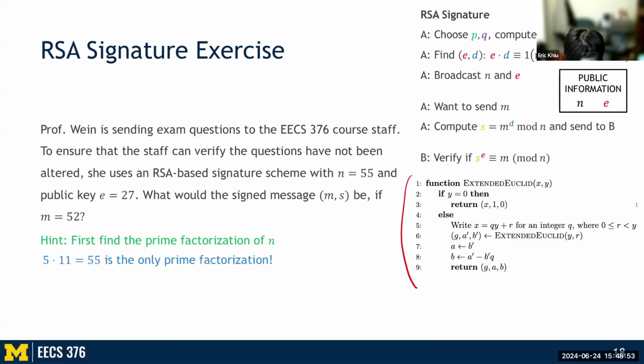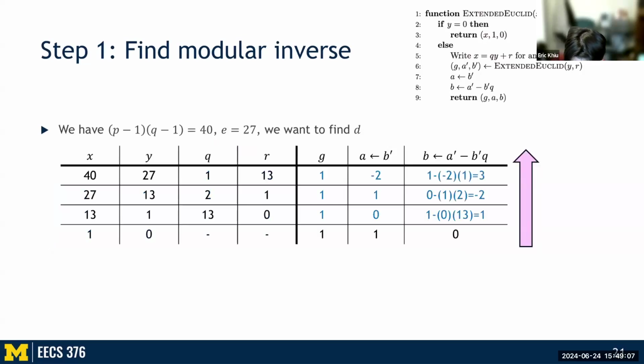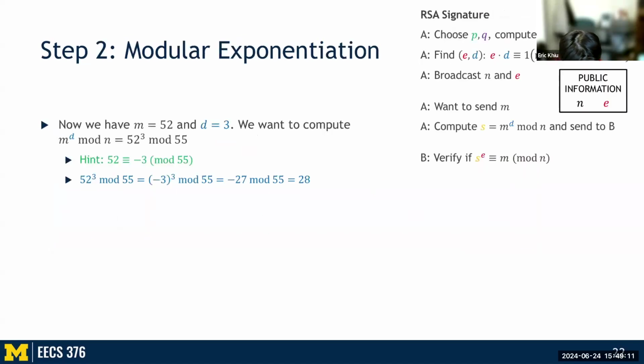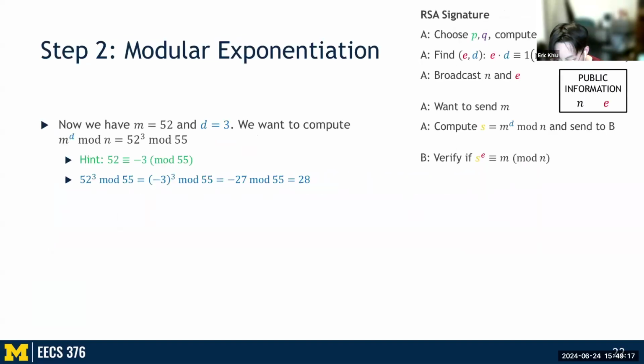So first you want to find the prime factorization, find p and q, and then, given the public key e, you want to find the private key d. You need to run the extended Euclid algorithm and then get the modular inverse. And then you're going to compute the signature and so on. Okay. So that's what you should be expecting.